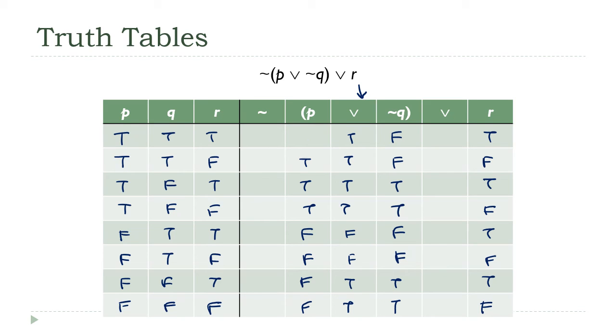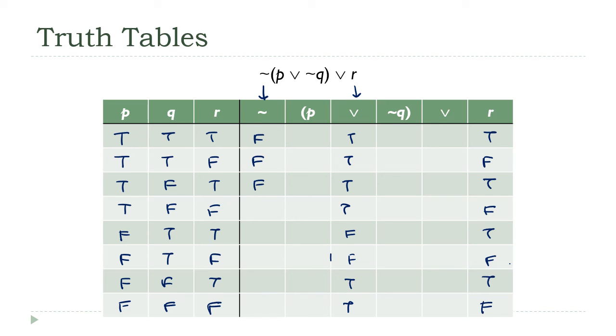Now you can do a little cleanup if you like. We don't need these anymore. We've simplified the parentheses down to just this column. Okay, so now what comes next? Next I'm going to do this negation, right? This is the negation of the parentheses. Well, the parentheses is this column here. So I'm just going to reverse every one of these symbols.